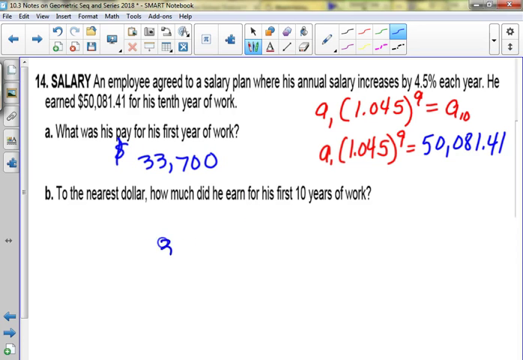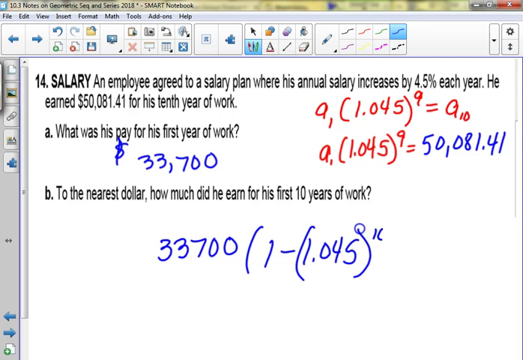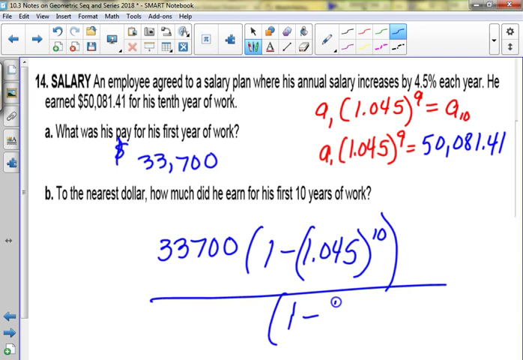So his first 10 years, the sum would be, so the 10th, yes.